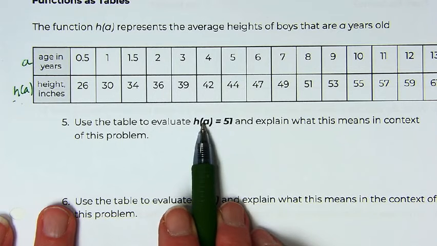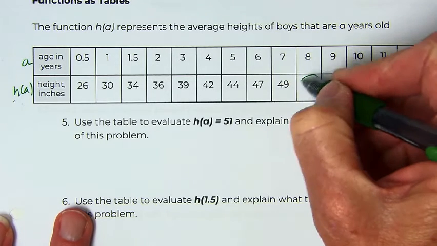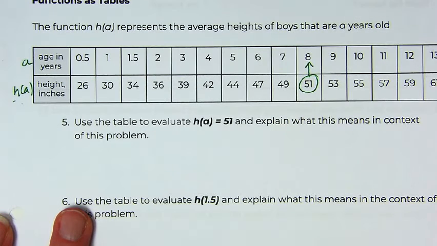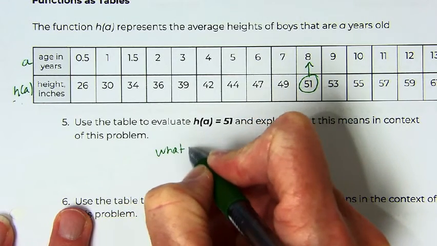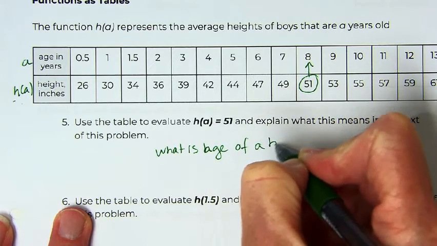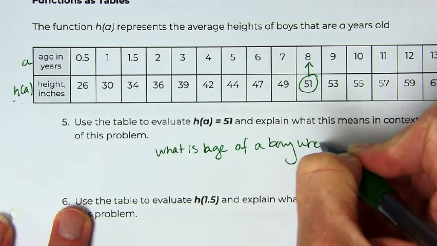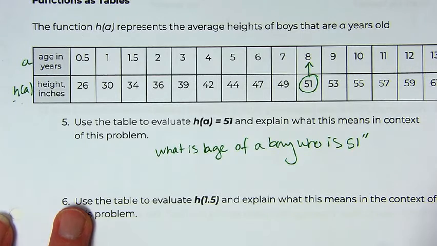What would be the age of a boy who is 51 inches in length? Well, it looks like that answer would be 8 years old. So this means what is the age of a boy who is 51 inches tall? Don't judge my little weird thing on the A there.